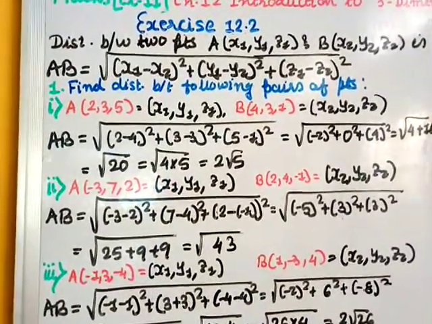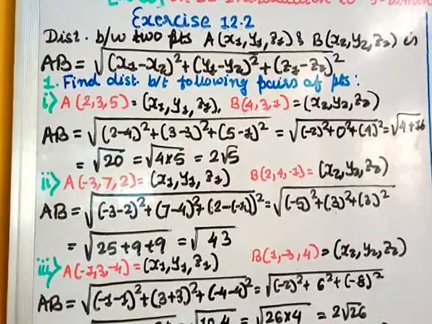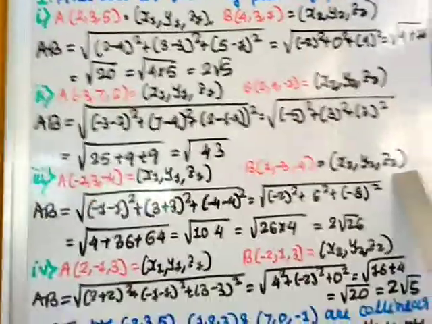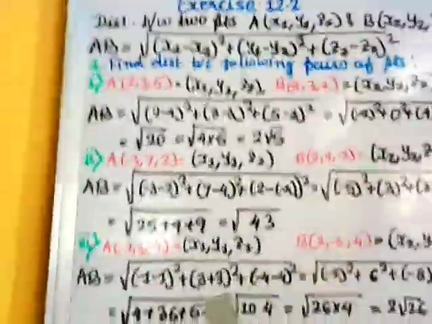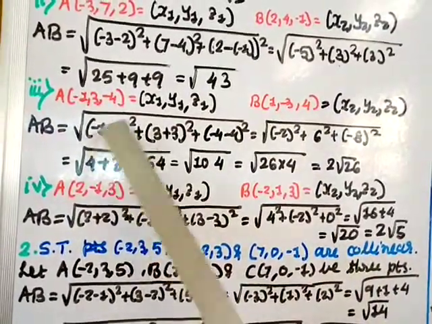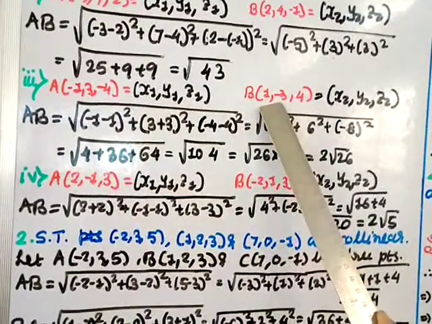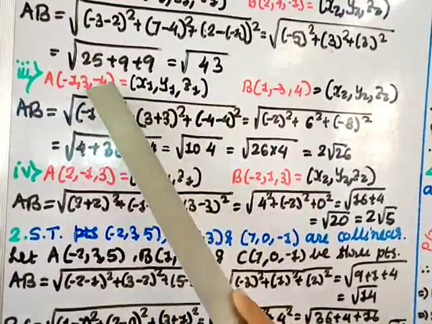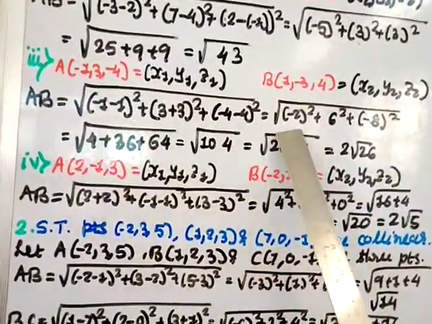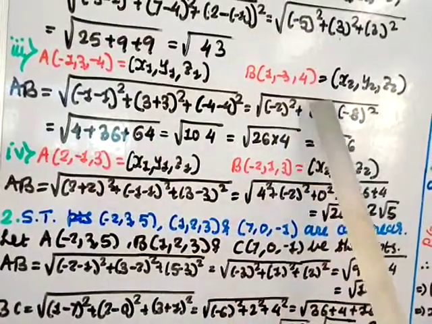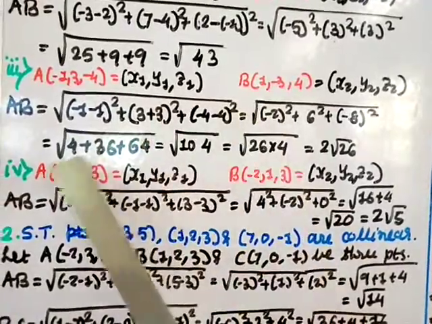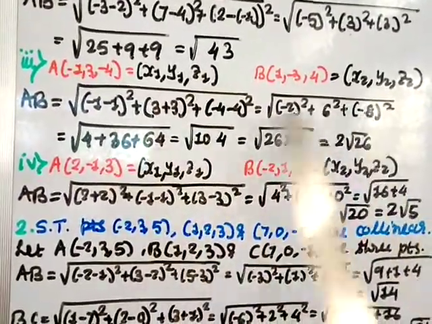Roman number 3: (minus 1, 3, minus 4) and (1, minus 3, 4). Call this as A, x1, y1, z1 and B, x2, y2, z2. We use the same result, this one. So let us try. AB equal to under the square root minus 1 minus 1 whole square plus 3 plus 3 whole square plus minus 4 minus 4 whole square, equal to under the square root minus 2 whole square plus 6 square plus minus 8 whole square, equal to under the square root 2 square is 4 plus 6 square is 36 plus 8 square is 64.